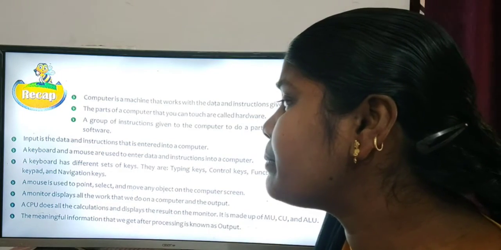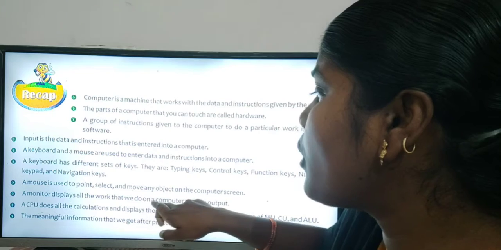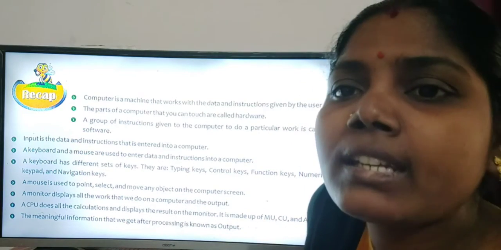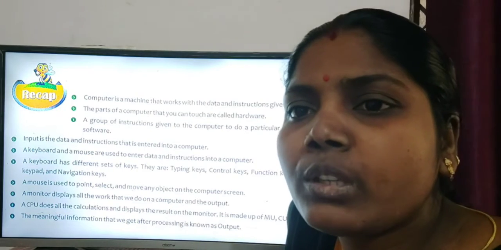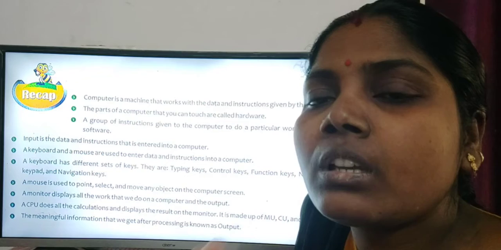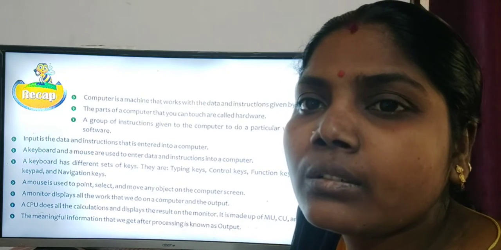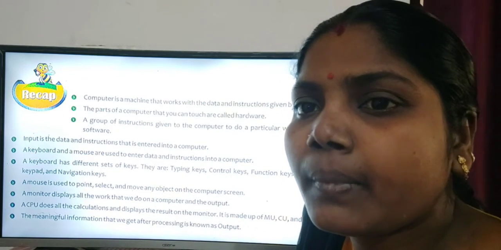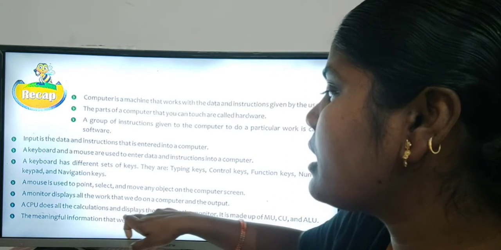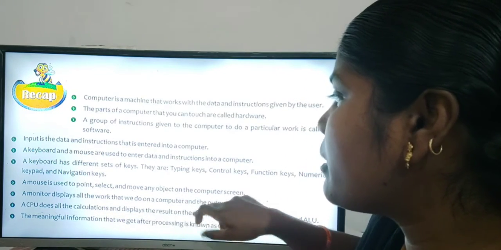A monitor displays all the work that we do on a computer and the output. The monitor displays whatever you are doing on a computer. It shows the result to the children. A CPU does all the calculation and displays the result on the monitor.